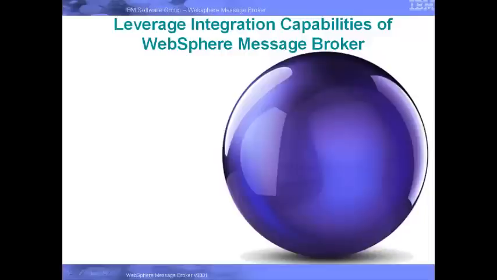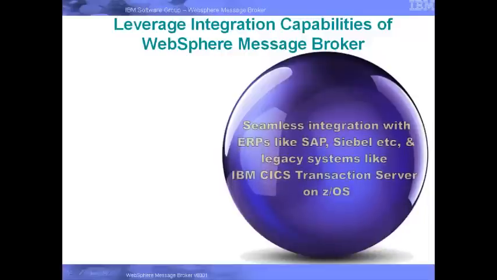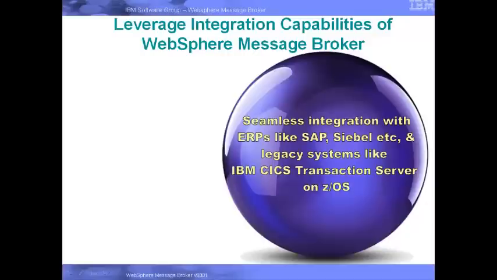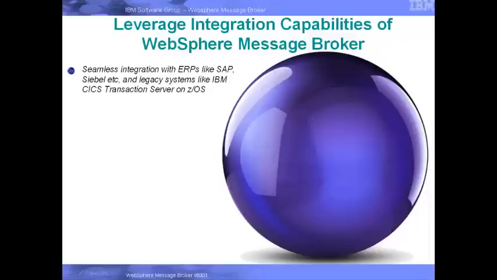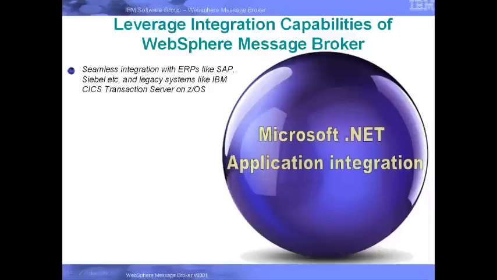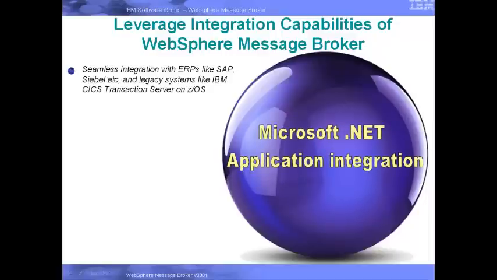WebSphere Message Broker offers seamless integration with ERP systems like SAP and Siebel, and legacy systems like IBM CICS transaction server running on z/OS. Microsoft .NET application integration has recently been introduced with WebSphere Message Broker version 8, which allows connectivity to Microsoft .NET applications.